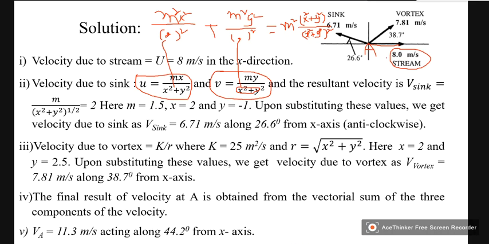So cancelling x square plus y square, you will get this expression. And so you will get the resultant velocity v of sink. So v sink is equal to square root of this.